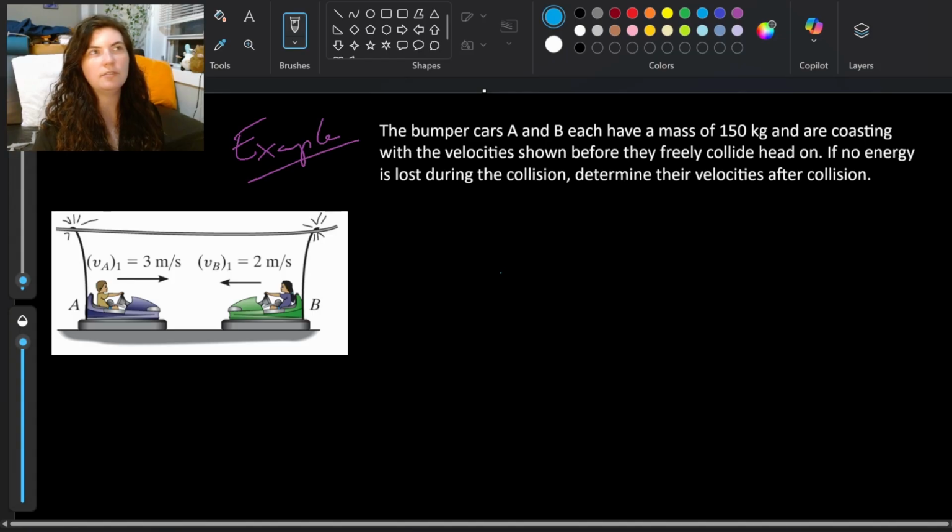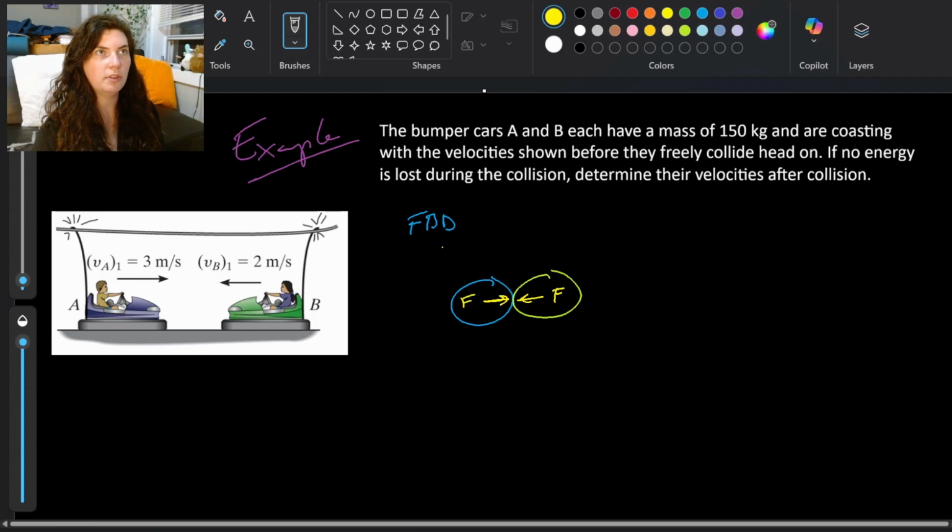So when we look at this as a free body diagram in this moment of collision, what we're going to have is car A bumping into car B, where we do have those internal forces to this system.